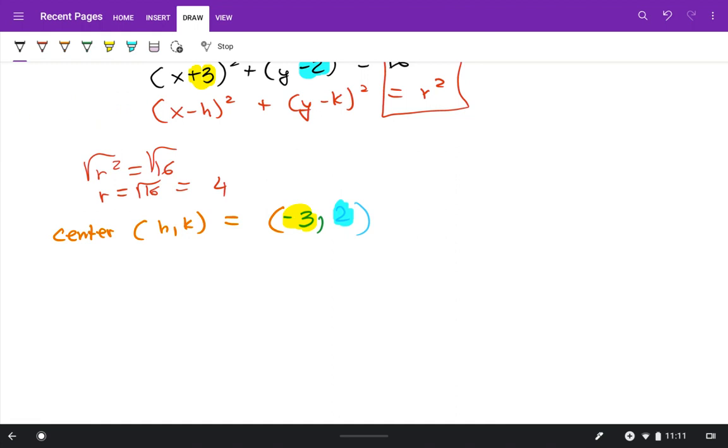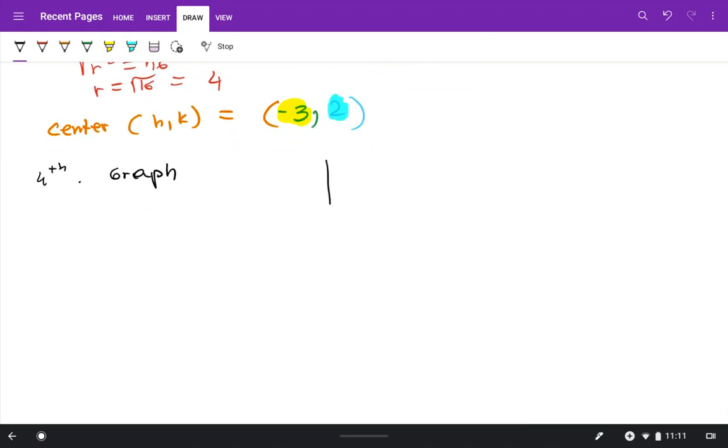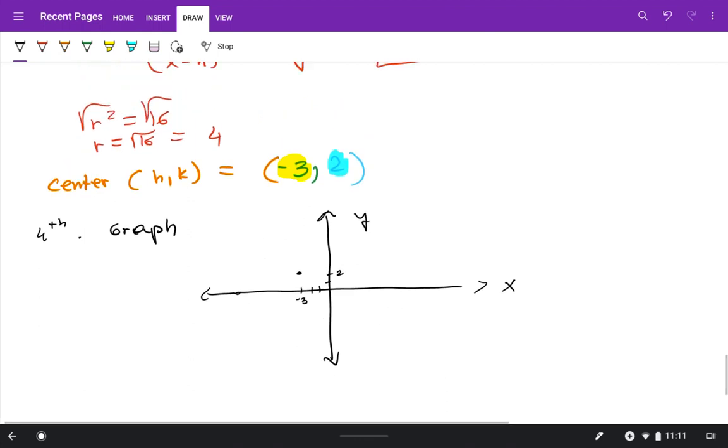Step 4, graph. So we're going to graph it. Here we should have a nice circle because we have many points: we have x and y intercepts, radius, and center. So I'm going to start with the center, (−3, 2). Now, what else?